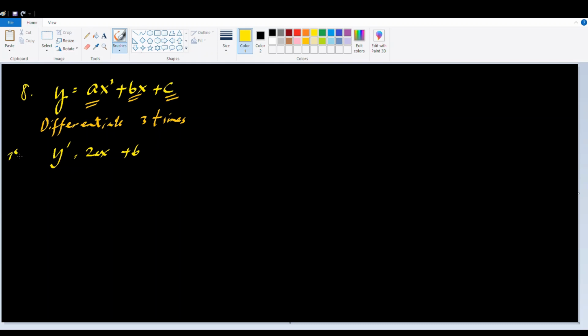So that is the first derivative. Second derivative, y double prime is 2a plus the derivative of b, 0. Finally, our third derivative is y triple prime equal to 0.